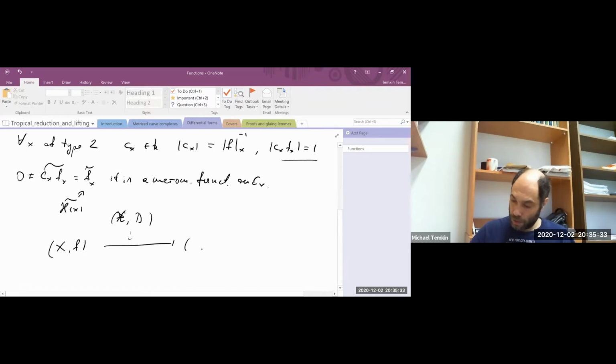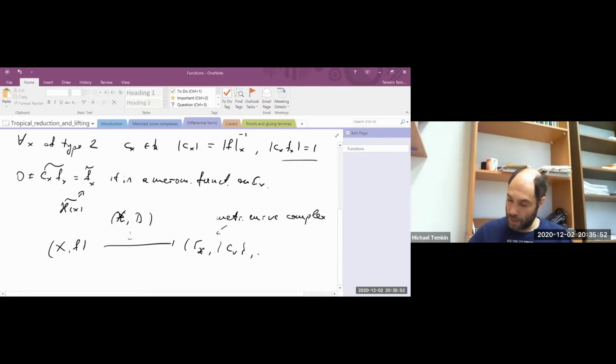We consider the metrized curve complex Gamma, X, all the curves C v. This is just the metrized curve complex of Amini-Baker.